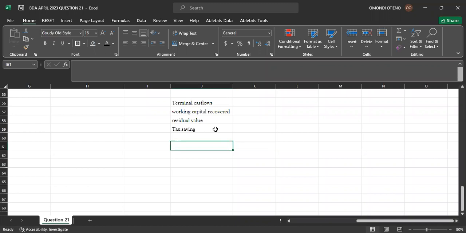If the net book value is more than what they received, then that capital loss results in tax saving, and that tax saving becomes what we call terminal cash flow.